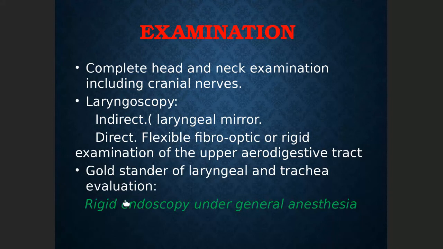If you have any concern about the structure or other abnormality, the gold standard for laryngeal and tracheal evaluation is the rigid endoscope under general anesthesia. For better evaluation of the larynx, or airway management, do a rigid endoscope or bronchoscope, even passing through the larynx down to the trachea, to look for any kind of airway problem.